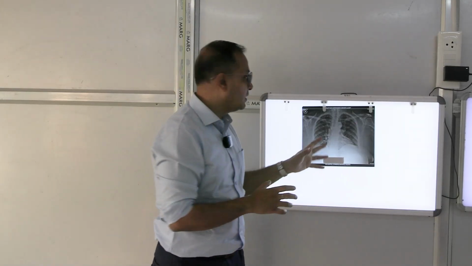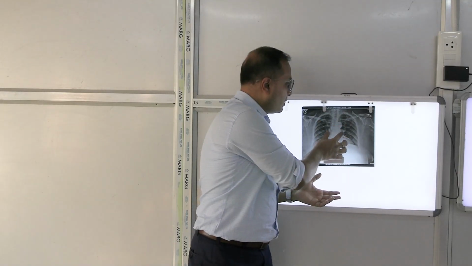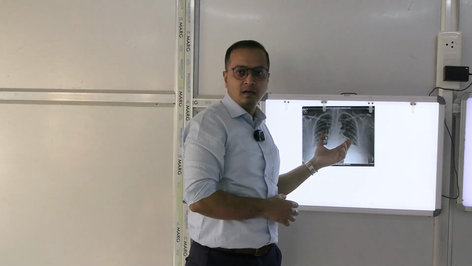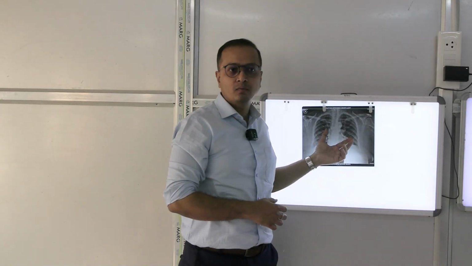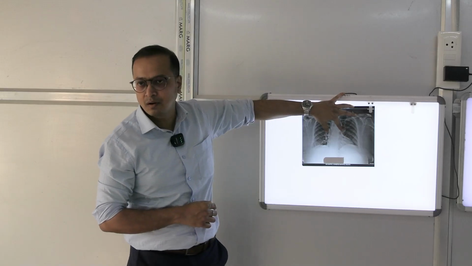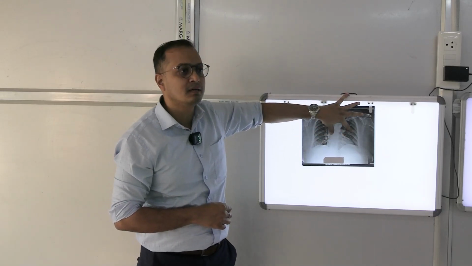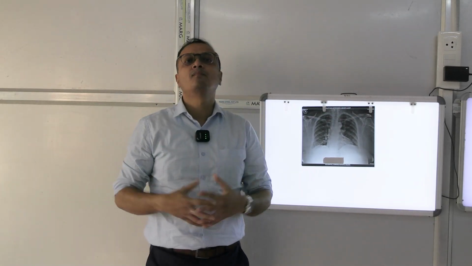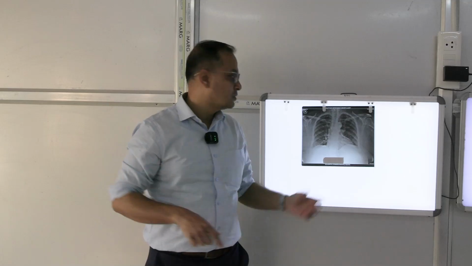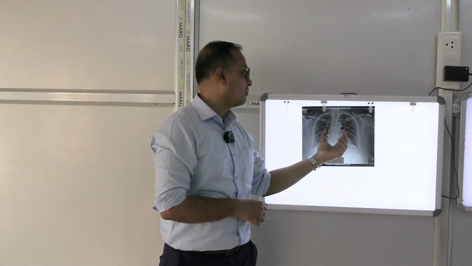Now this space within the mediastinum we call the mediastinal space. Over here we have lymphatics related to the hilum of the lung, which is roughly related to the middle portion of the mediastinal surface. If present, we call them hilar lymph nodes. So the hilar lymph nodes are what you see here as these markings.